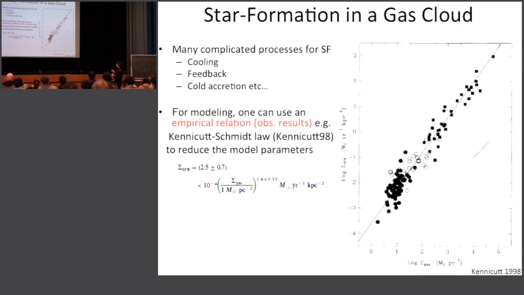But in this way, people try to, how do you say, remove the uncertainties of the star formation processes. But of course, there is no understanding of the star forming activities if you use this kind of empirical relation.